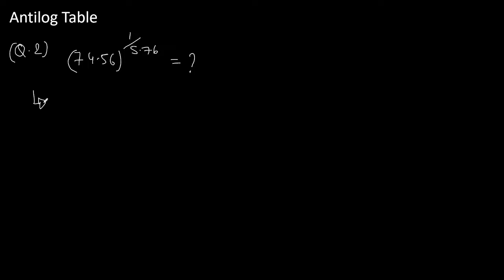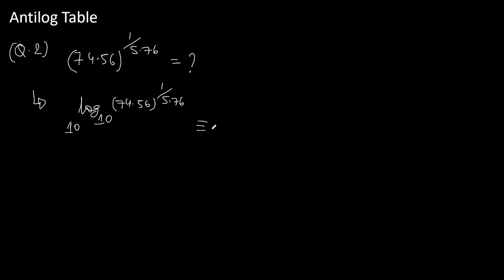So what we can do is take log base 10 of 74.56 to the power 1 upon 5.76, and this will be 10 to the power. So the base will convert and we have everything.